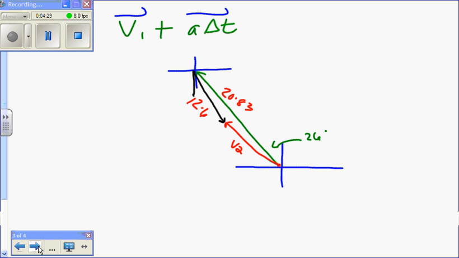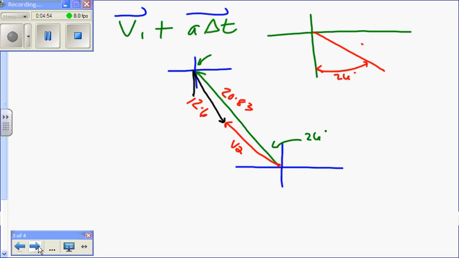Looking at this corner here, trying to figure out the angles a bit better, I'm going to blow it up here. What we have right here represents the 20.83 vector, which has an angle of 26 degrees from here to here. That's going to be 26 degrees.